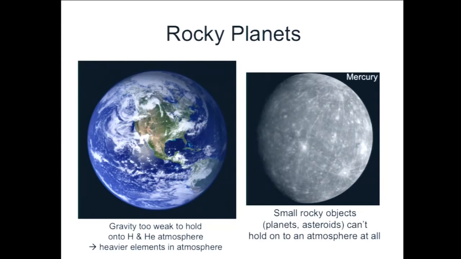But the Earth's gravity is not strong enough to hold on to the hydrogen and helium gas that was in the newly forming solar system. That's why our atmosphere is mostly made not of hydrogen and helium, but instead oxygen and nitrogen.